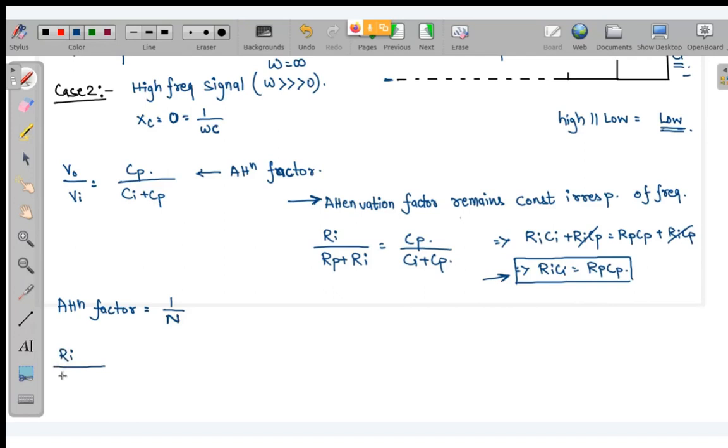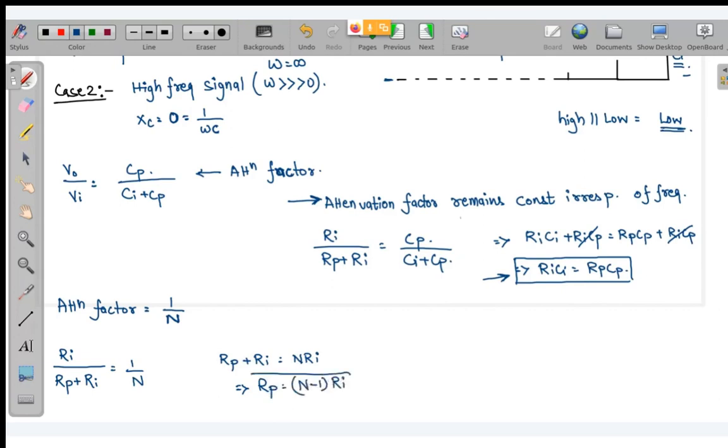Ri by Rp plus Ri is equal to 1 by n. Or over here what I can do, I can write your probe resistance as Rp plus Ri is equal to n Ri, or Rp is equal to n minus 1 into Ri.